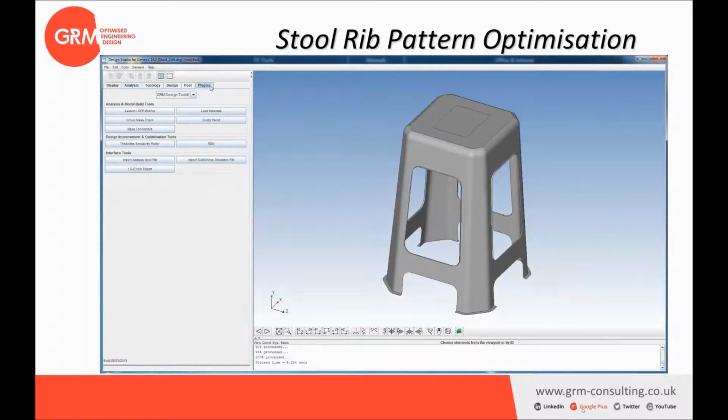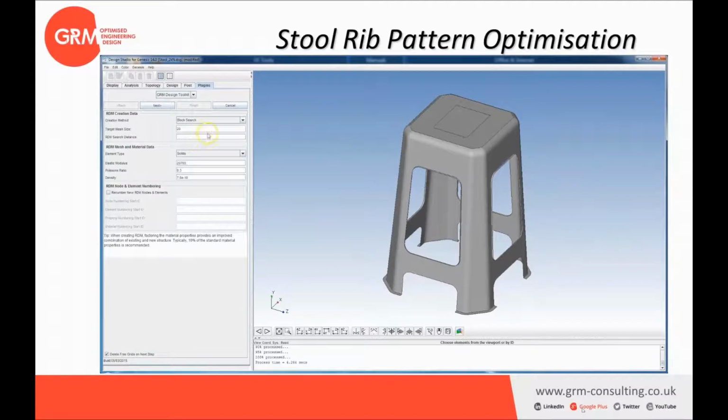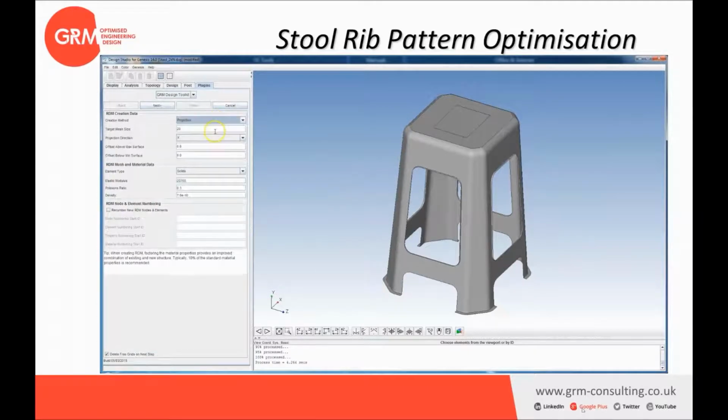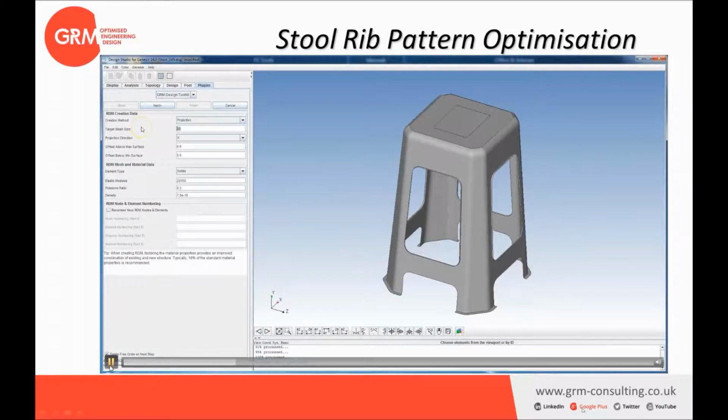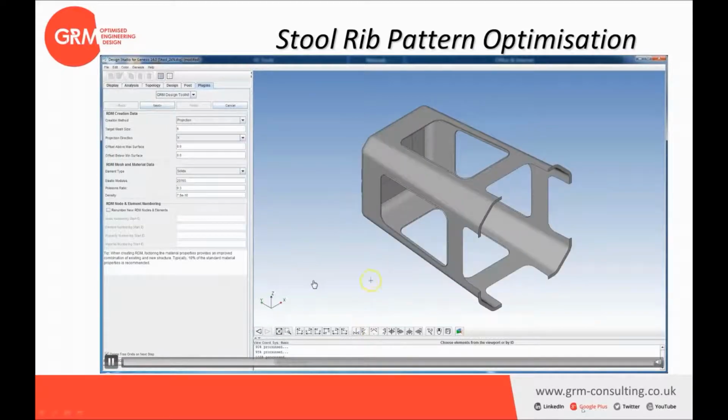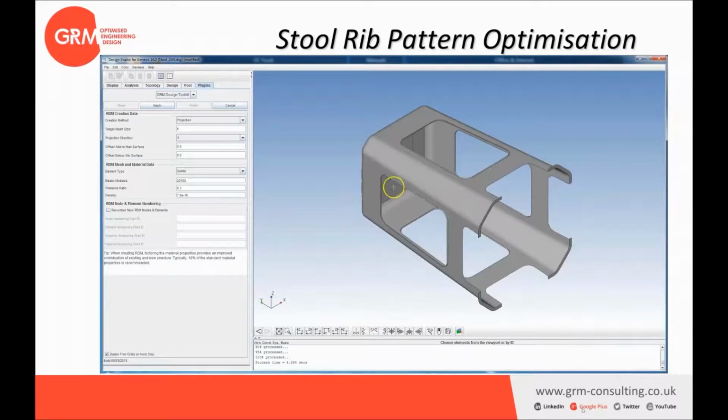So moving on to the plugin in GRM Toolkit, we select the RDM button, and we are going to use the projection tool. Projection is because we create ribs by projection of the seat element onto a certain direction. In this case, the projection axis is the y-axis.